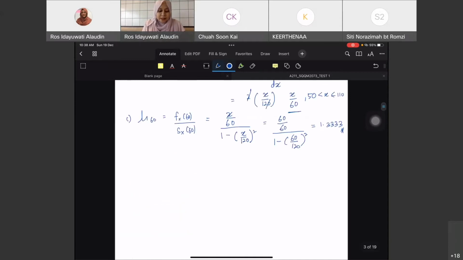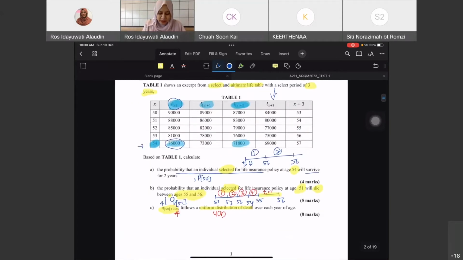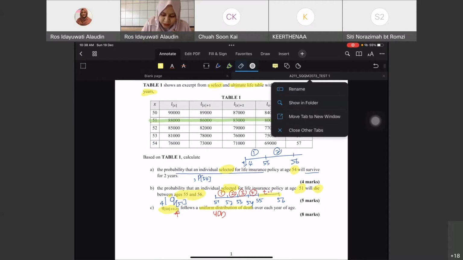Okay, as I mentioned already in question B, starting from age 54, sorry. Now we go to this line, 51.